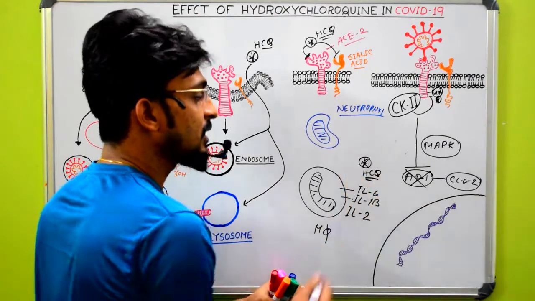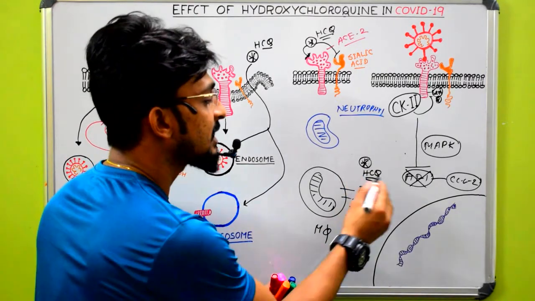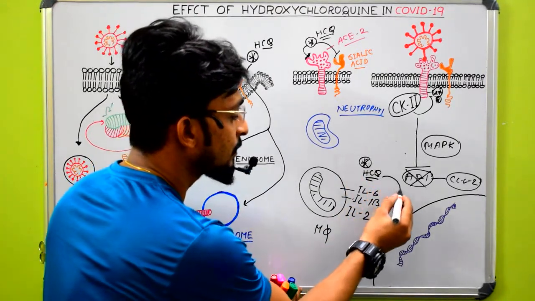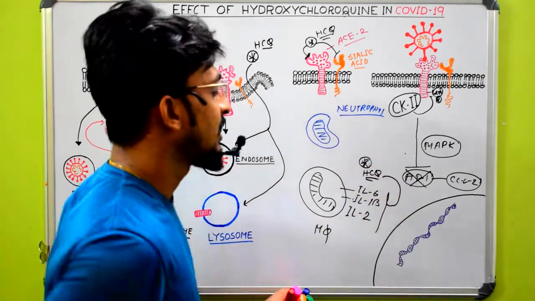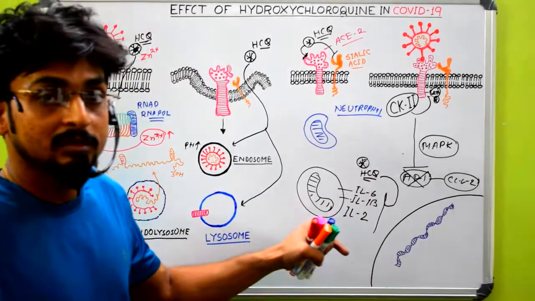The activity of those interleukins is inhibited by the hydroxychloroquine. So this hydroxychloroquine can inhibit the activity of all these interleukins.